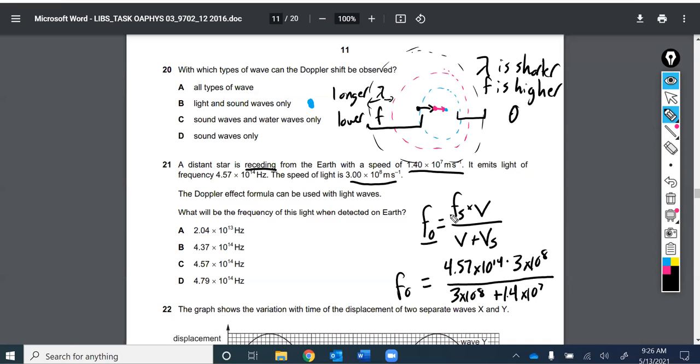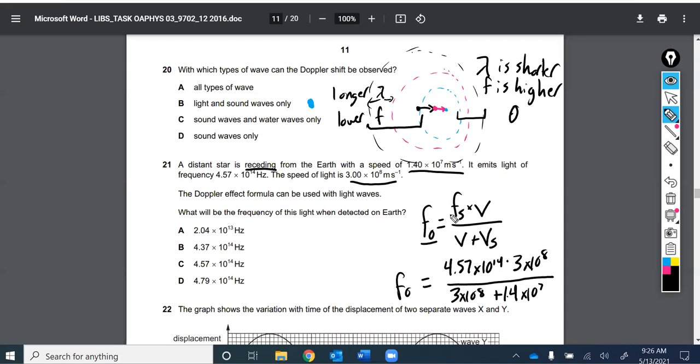That's actually true. All right, so go ahead and get a head start on the calculation. Calculator ready. All right, so we've got the frequency 4.57 times 10 to the 14.